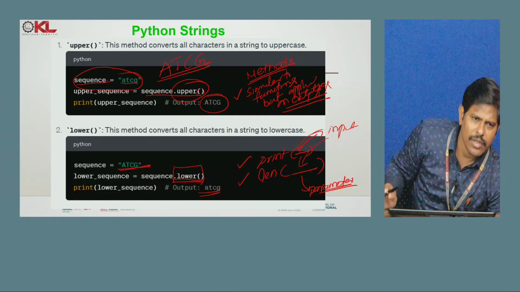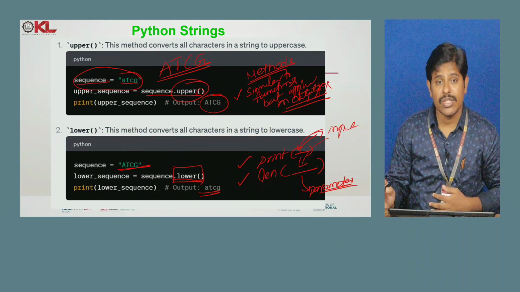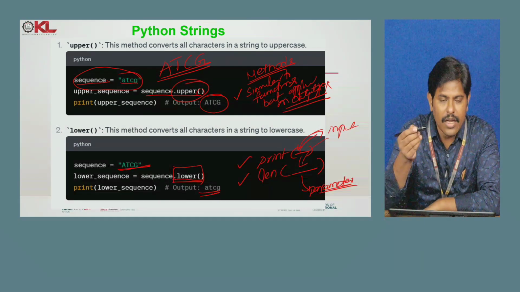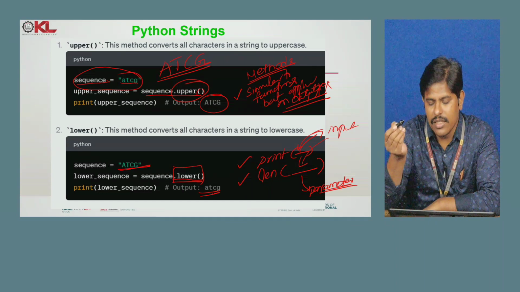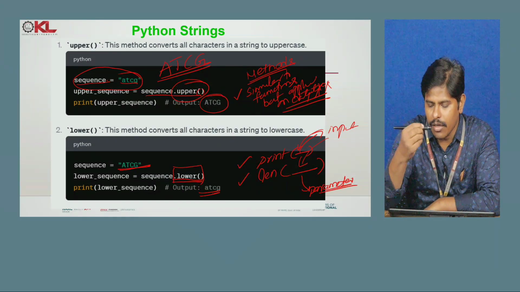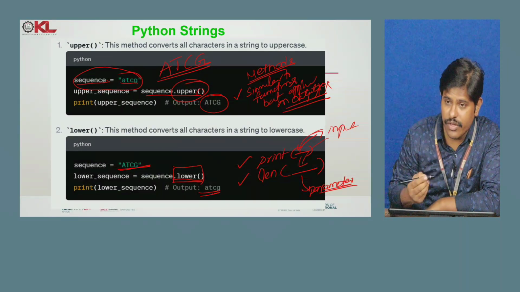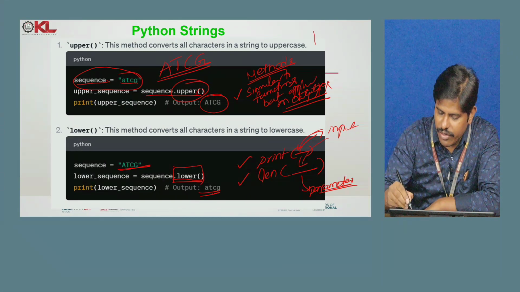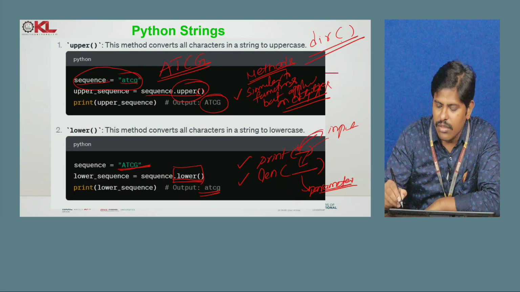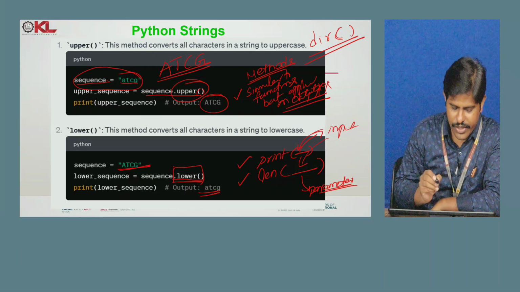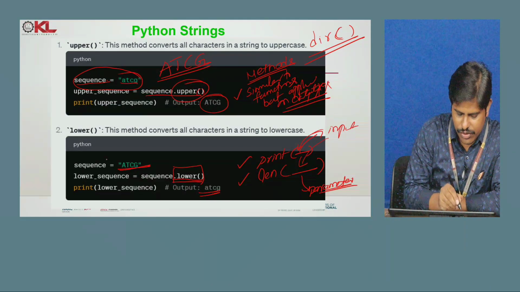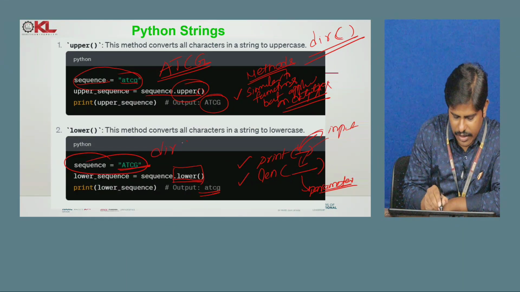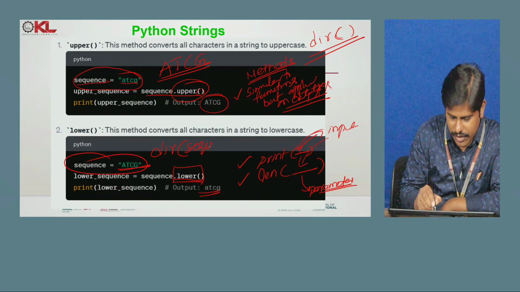In Python, tens of methods are available, like upper and lower. All these methods, the different kinds of methods that can be used for a given data type, can be found using a function called dir, or directory function. Suppose I want to know what methods are applicable to this one, I simply type dir sequence.